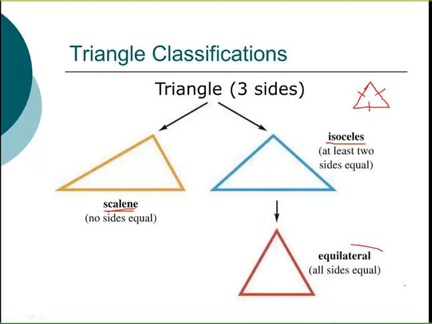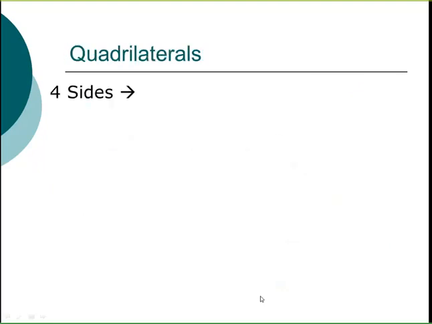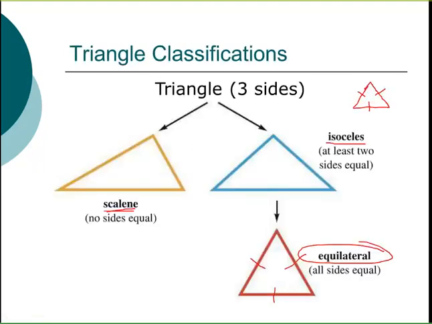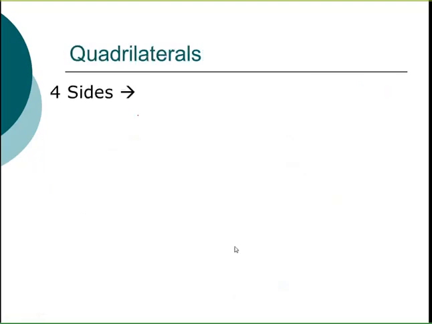Equilateral is the other way to say that. All sides are equal, although my shape kind of squished when I copied it onto the PowerPoint. But all these sides are equal, and that is a special type of isosceles. It's also known as a regular triangle, which is weird because you would think that they're all regular triangles. But this one's regular because it's defined specially by the word regular.